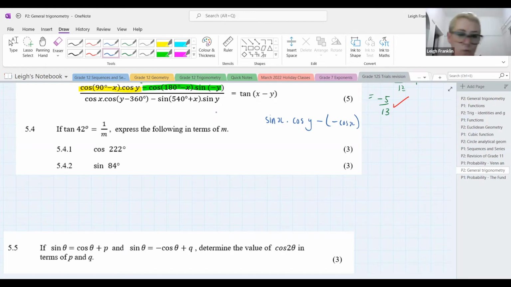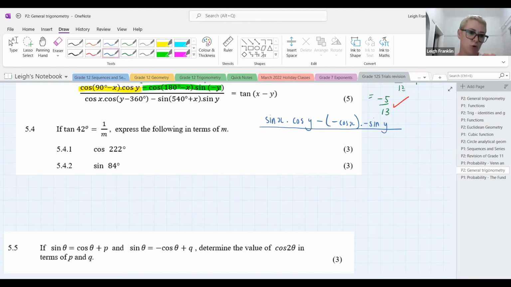That is quadrant 4, so that is going to reduce to minus sine y, and that's all over.